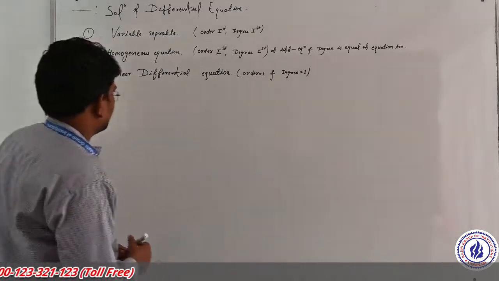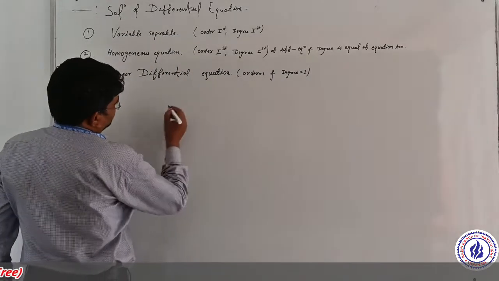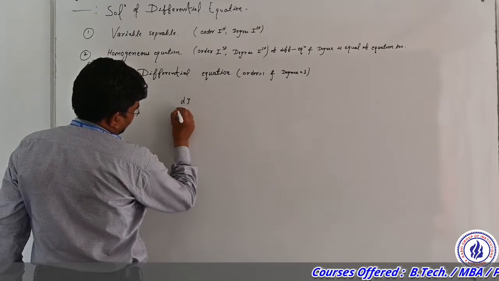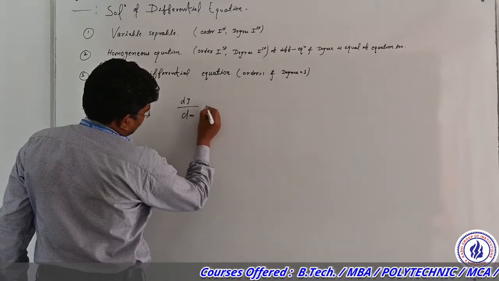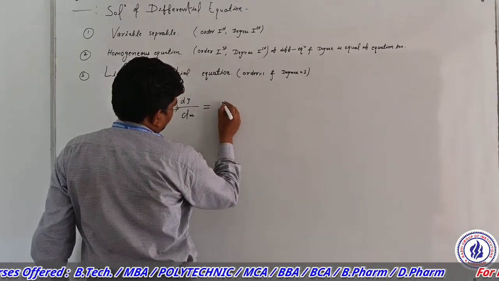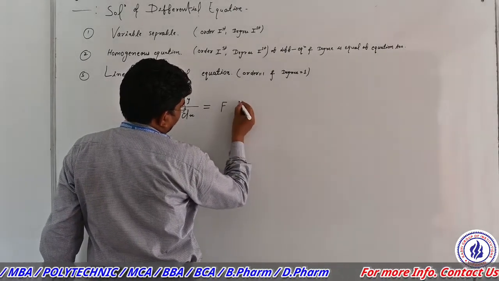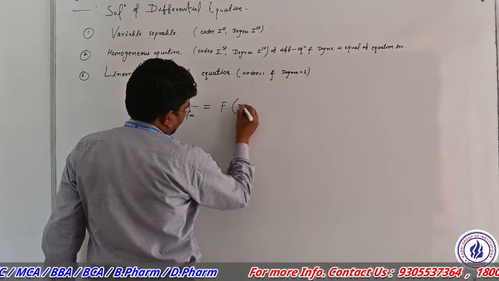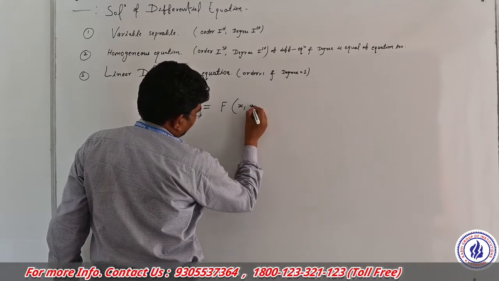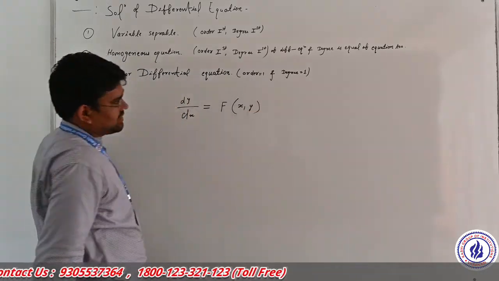Now see here. Suppose we have a differential equation in the form of dy upon dx, and it is defined in two functions, say capital F, in which we have x and y as variables.